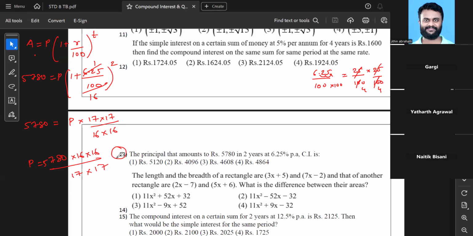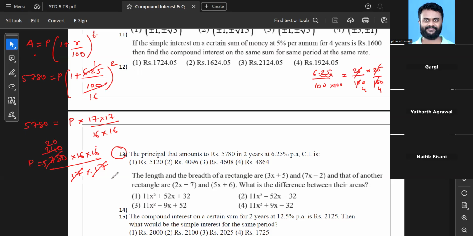Now 5780, does it go with 17? 5780 divided by 17. Yeah, it goes with 340. And 340 also goes with 17, 17 twos are 34.